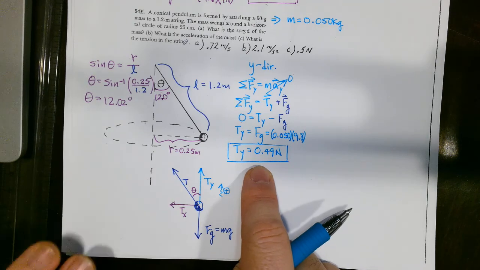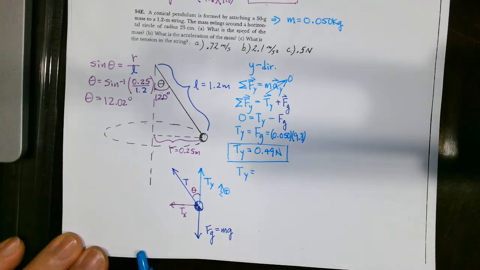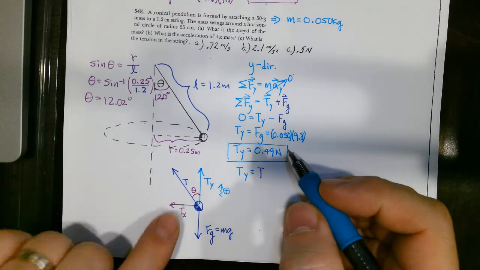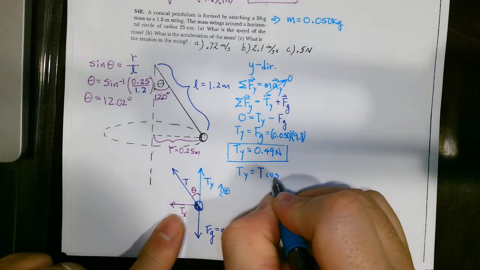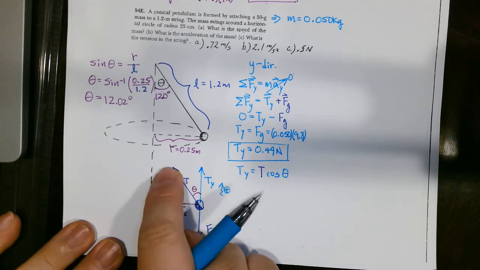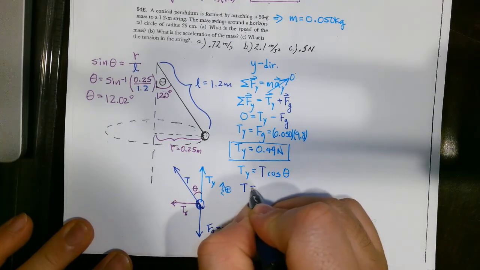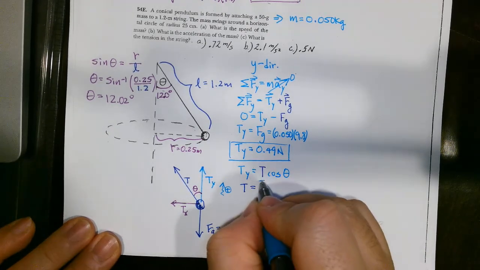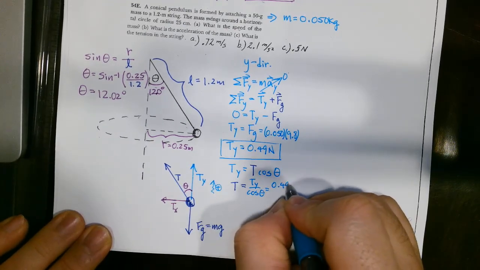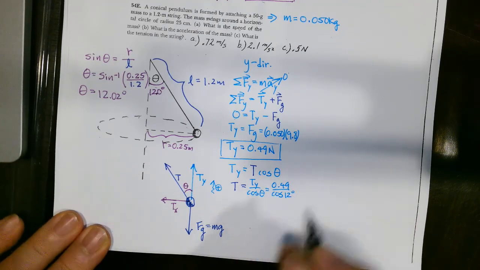Well, Ty is also T times cosine of the angle theta, because it is the adjacent component of my T. So my tension T is equal to Ty over cosine of theta, which is 0.49 over cosine of 12 degrees.